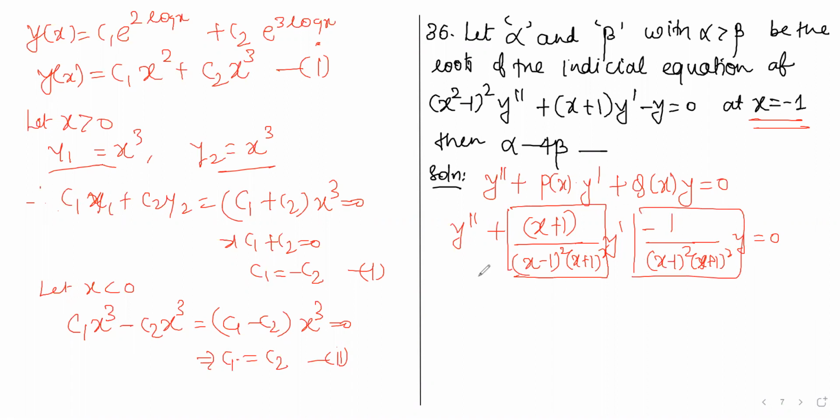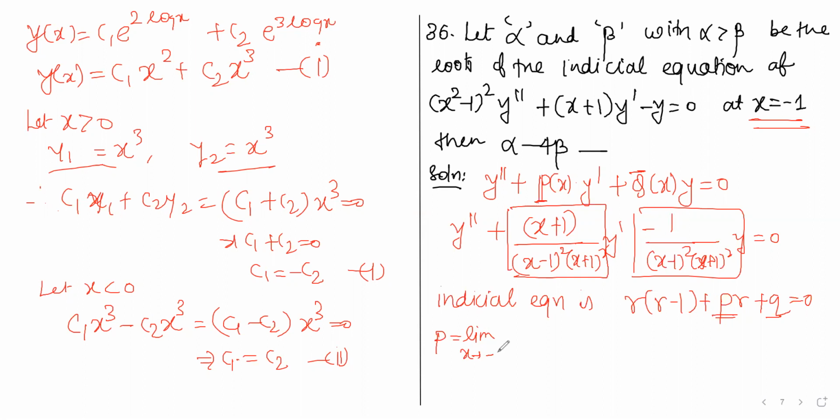So I need to find out, and let me write down the initial equation for this, which is given by r into (r minus 1) plus small p r plus q equal to 0. And what is this p and q? This is the capital P, please be aware. The small p is nothing but the limit of x tends to -1, where they are asking.